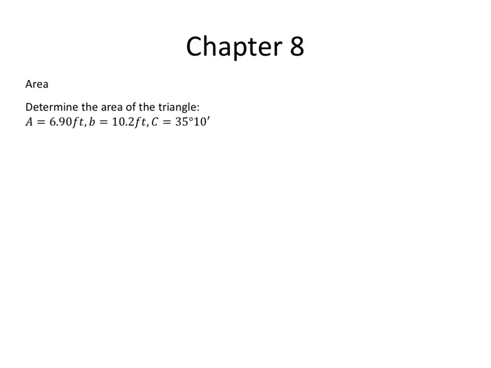There is one typo on this one, and it is here. This is lowercase a because it's a side length, and we're supposed to determine the area of a triangle. Well, we have the area formula.